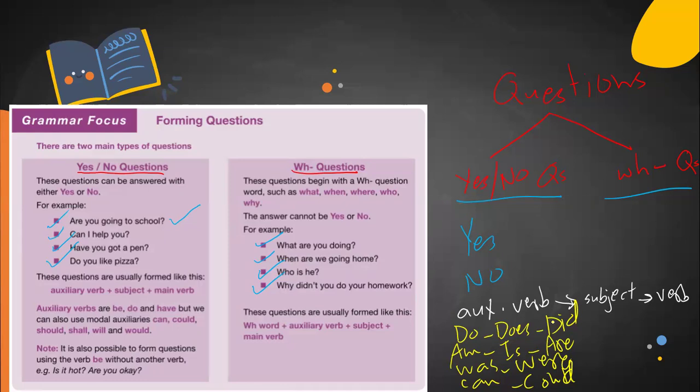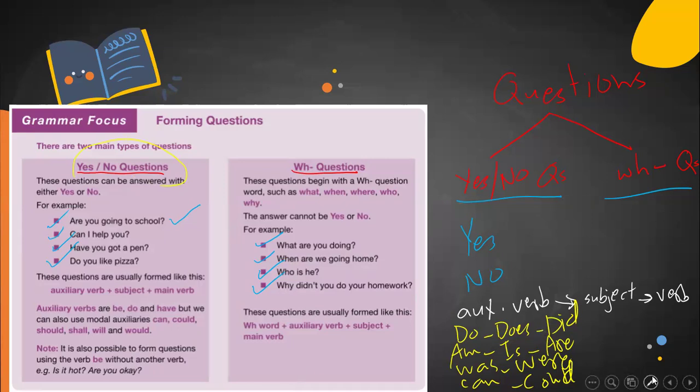Was your sister reading her book when you arrived home yesterday? No, she wasn't. Or yes, she was. These are the auxiliary verbs with yes/no questions. Now, what about the WH words?